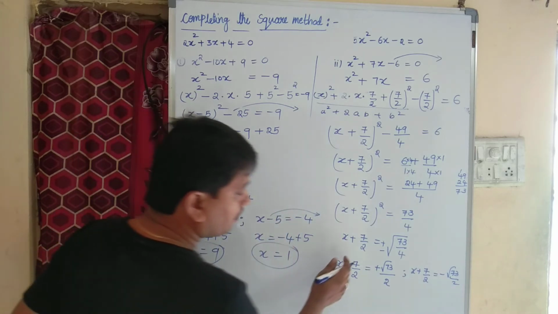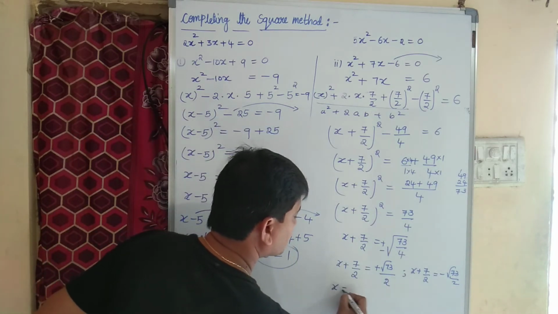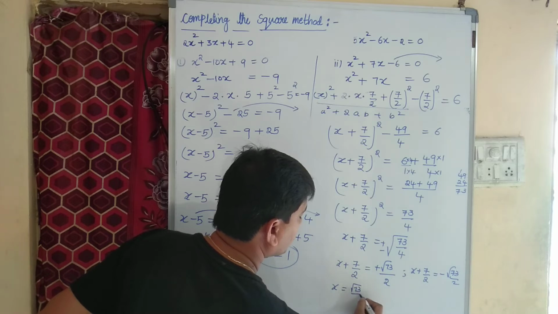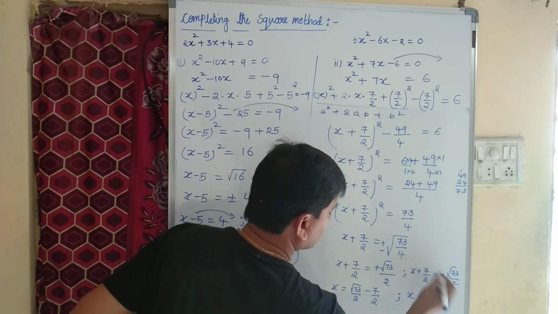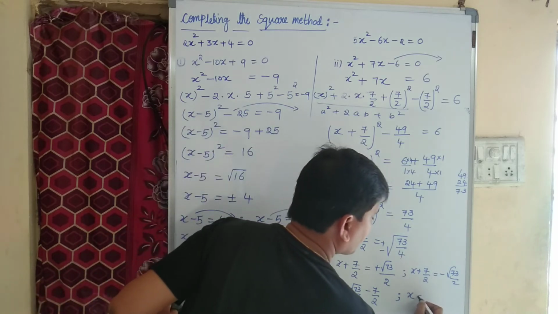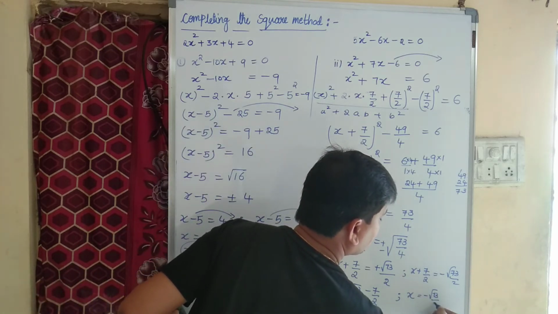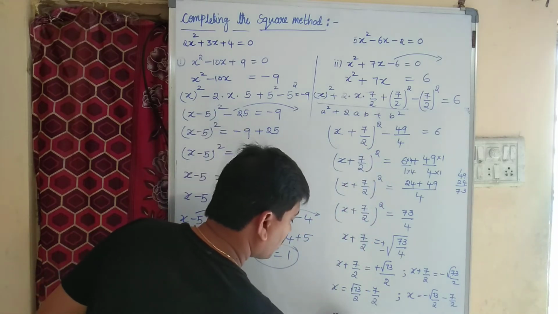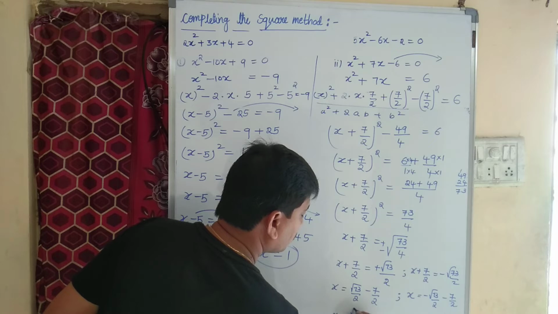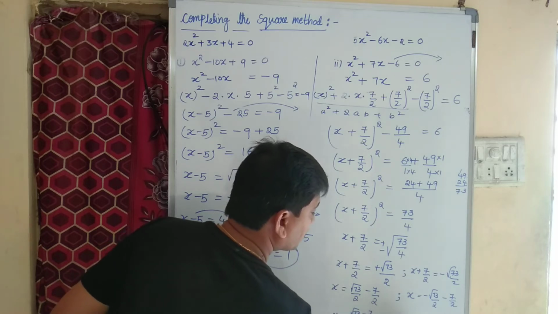Okay. Now plus 7 by 2 you transpose, children. x equal to root 73 by 2 minus 7 by 2. Second one, plus 7 by 2 you transpose: minus root 73 by 2 minus 7 by 2. If I take 2 as LCM, the numerator is root 73 minus 7 by 2.